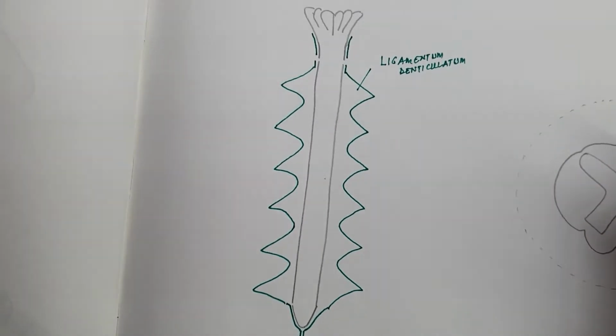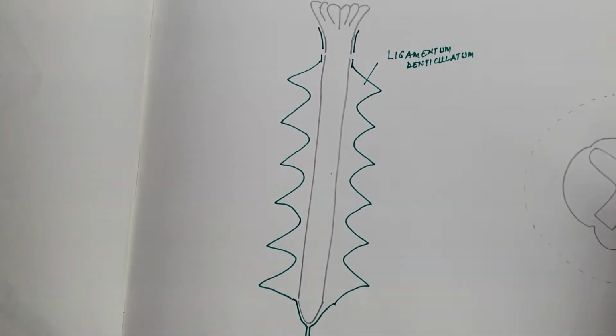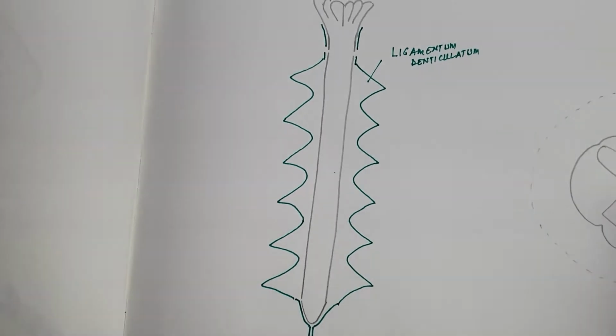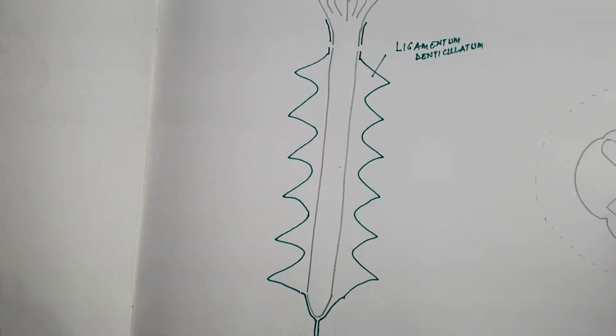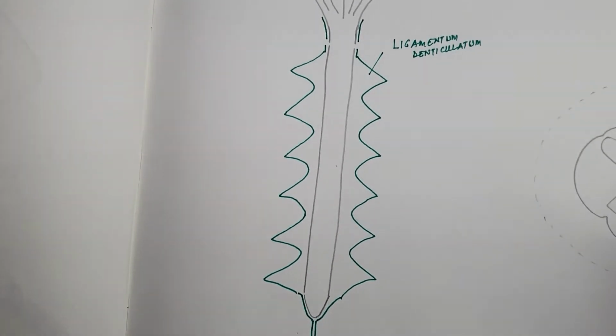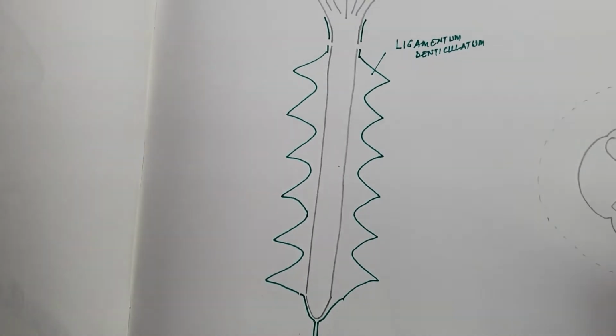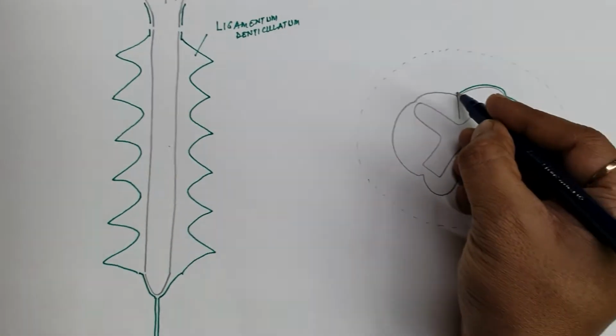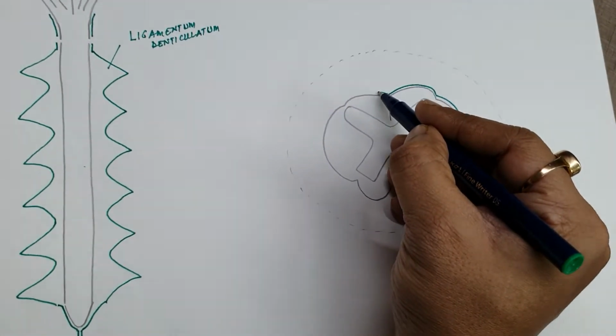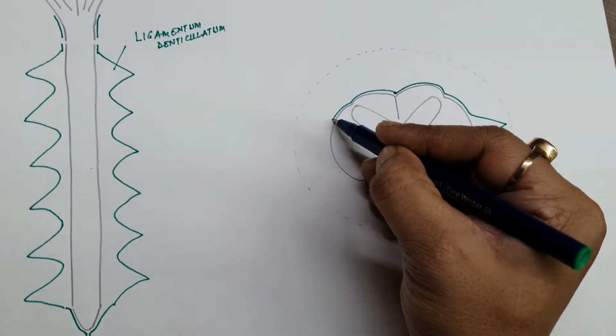Here also, if we see the section, there will be ligamentum denticulatum, and this is the pia mater blended with.